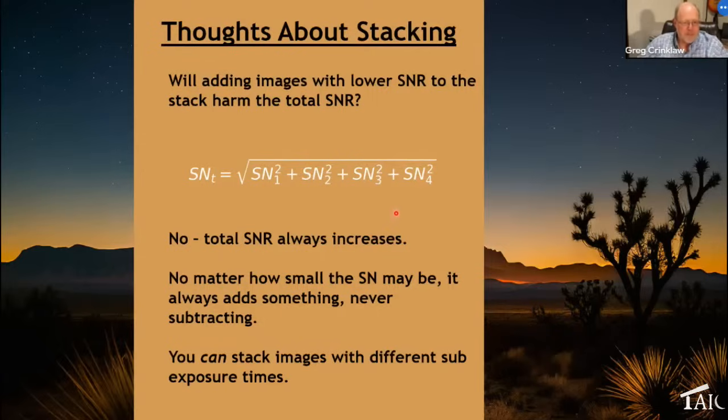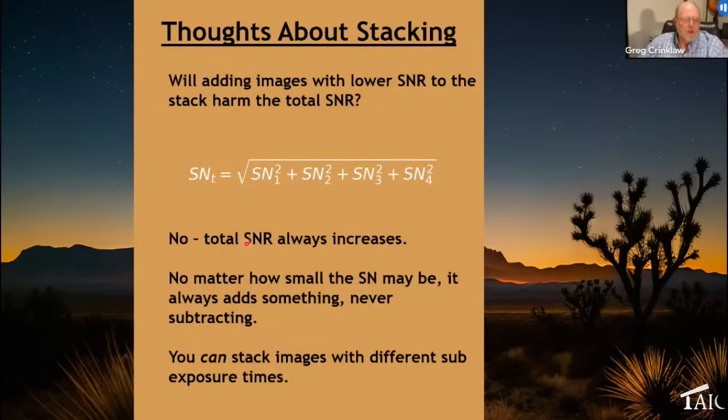If you look at this mathematically, you'll see that the signal to noise ratio could be very small, but it's not going to be negative. And even if it was negative, you're multiplying it by itself, so it's going to be positive. There's no way for this to be so small that it harms the total. No matter how small it is, it's going to increase the signal to noise ratio. It'll just be by a little tiny bit.